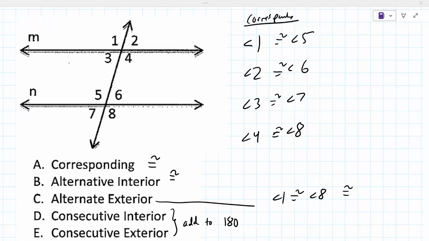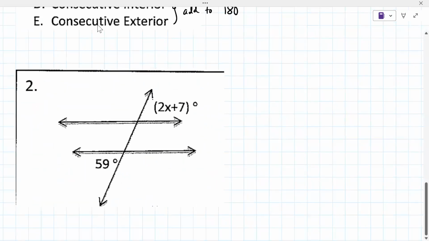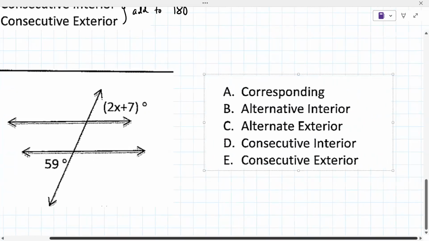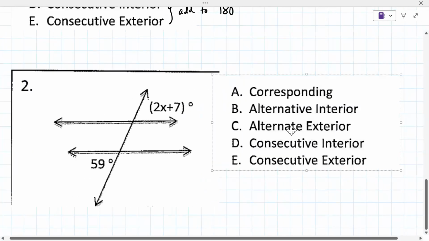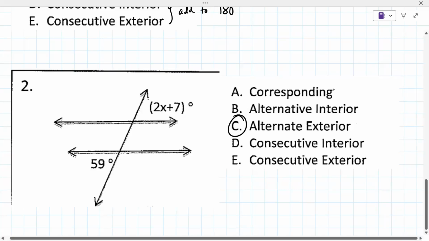So let's take a look at another problem here. What is just as important as being able to solve it is to know which of these five it is. Are these angles corresponding, alternate interior, alternate exterior, consecutive interior, or exterior? Alternate exterior. So are they congruent?